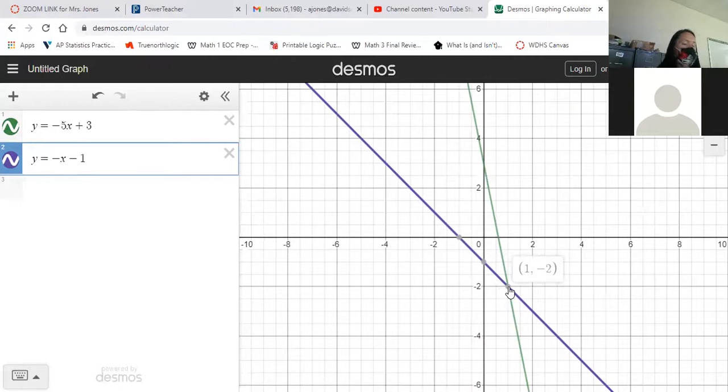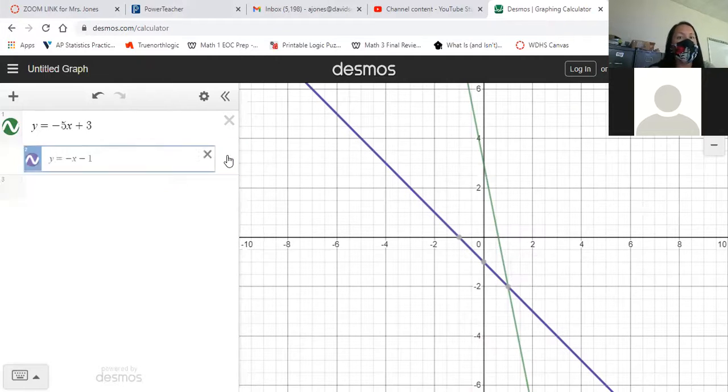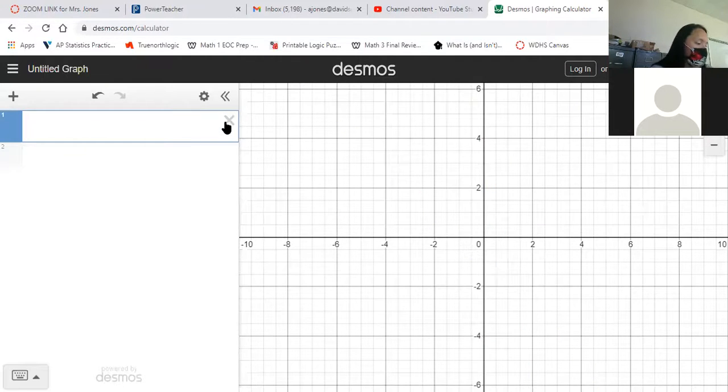All right, so what about the ones that are not y equals? Well, it's the same exact thing. So if we look at number 8, it was 7x minus 4y equals -12. Make sure you type it in right.